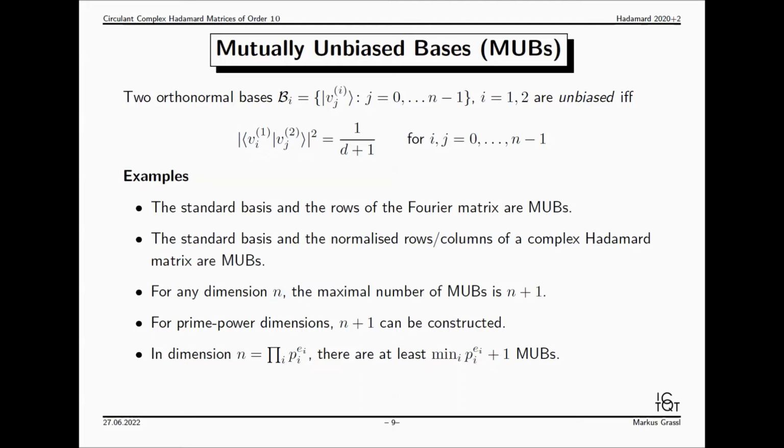There might be other examples, but whenever you have 2 times an odd number, the lower bound is 3. And to me, one of the most annoying questions is, can we find in any dimension of this form at least 4 bases? So that was all a little bit behind this idea. Let's start with the circulant Hadamard matrices and see whether we get out of those more than 3 bases.